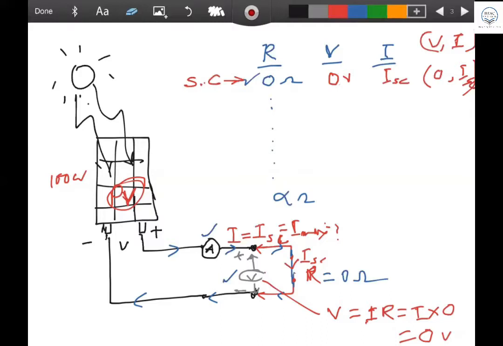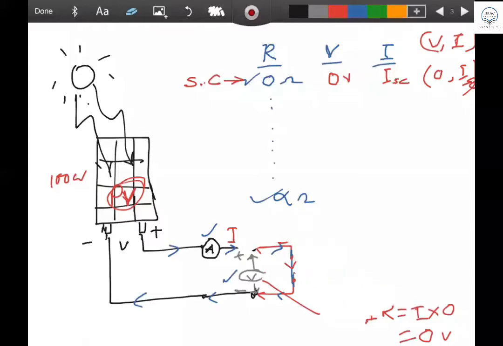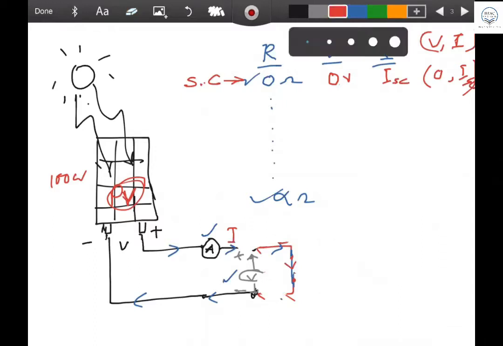Now if we go for the maximum resistance, which is infinity, the thing will not be like this. Now it will be something else. That means R will be here.